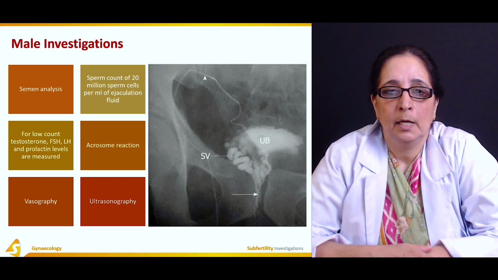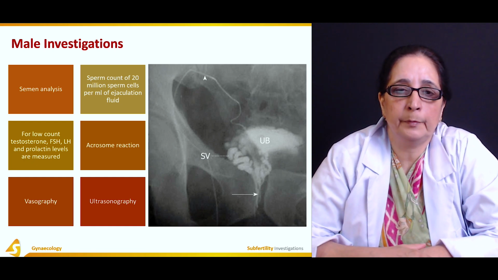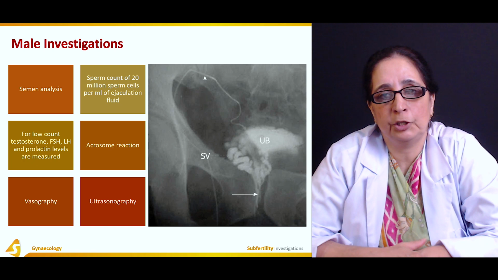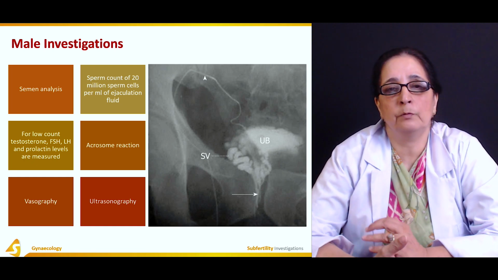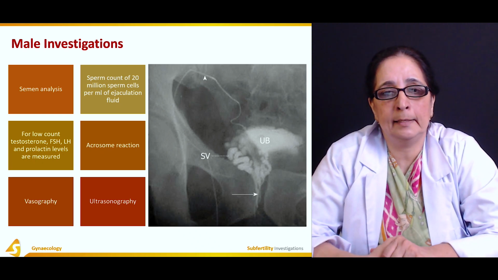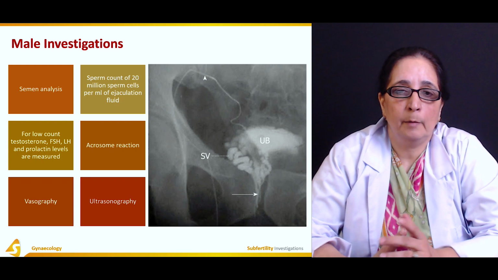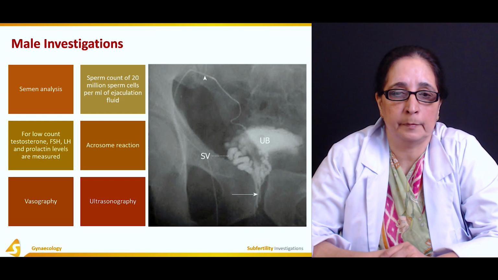That's important. Sperm count is about 20 million sperm per ml of ejaculation fluid. So semen analysis helps us to find out if the sperm count is normal, if they are healthy or strong enough. About 20 million per ml. So it's a big number of sperms.